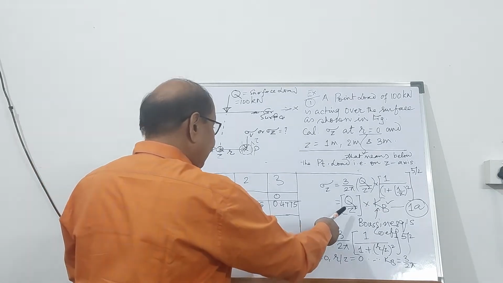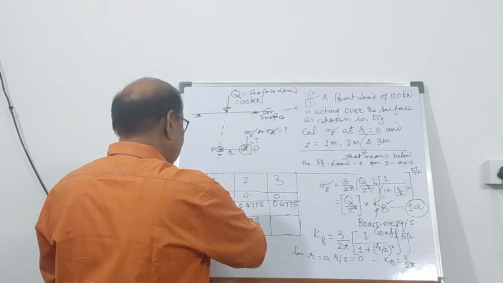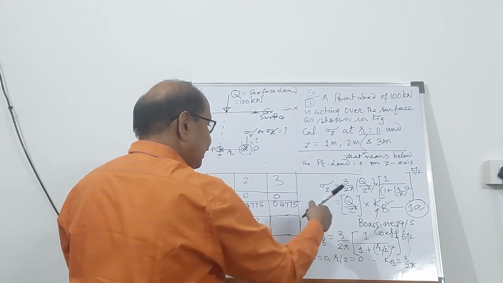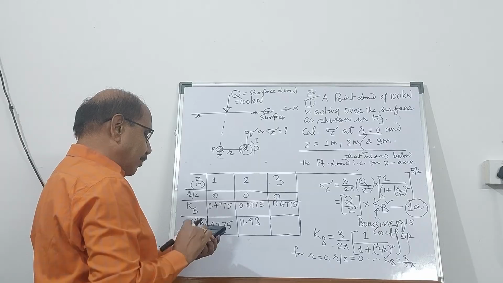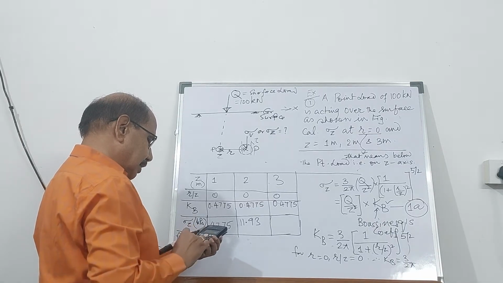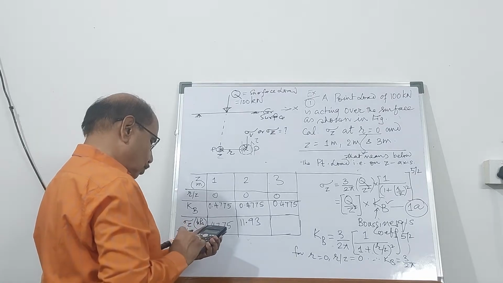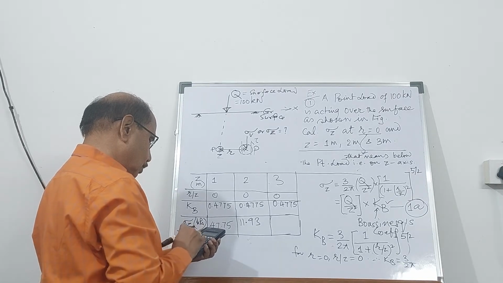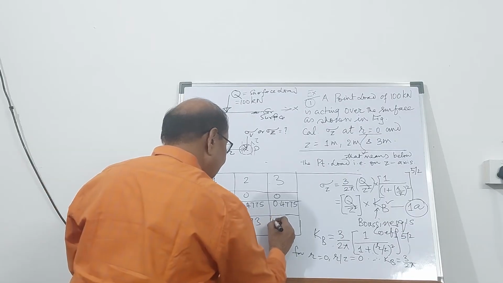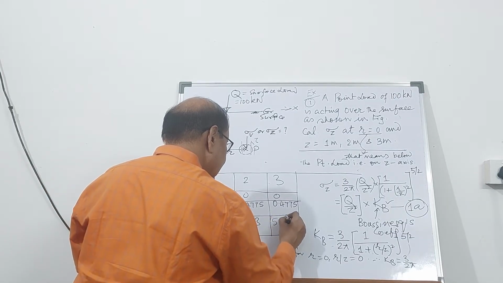Then if Z is 3 meter, Z square becomes 9. 100 divided by 9 into Kb equal to 5.30.